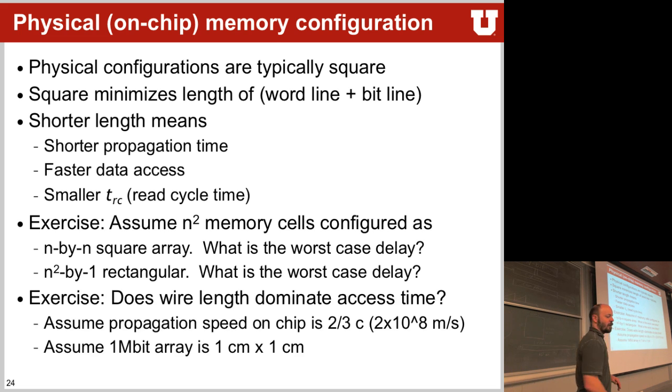Okay, what's the transition time through this chip? Assume the speed of light on a chip is about 2/3 c. How long does it take to access the worst case in this chip and the worst case in this chip? So trying to access this last bit here, how long does it take?